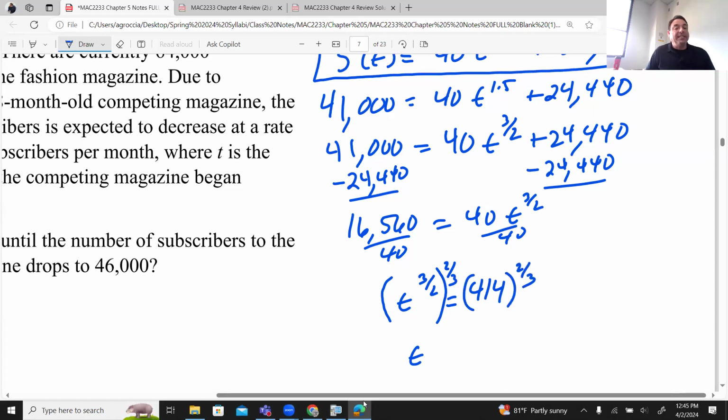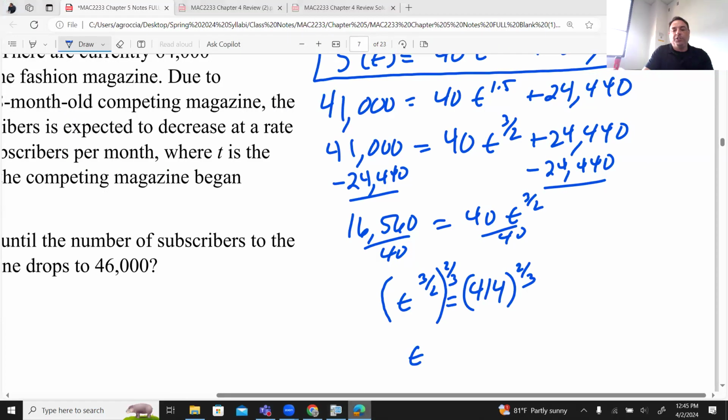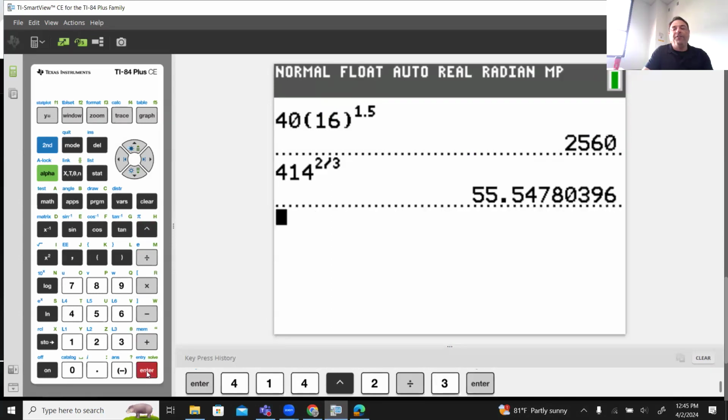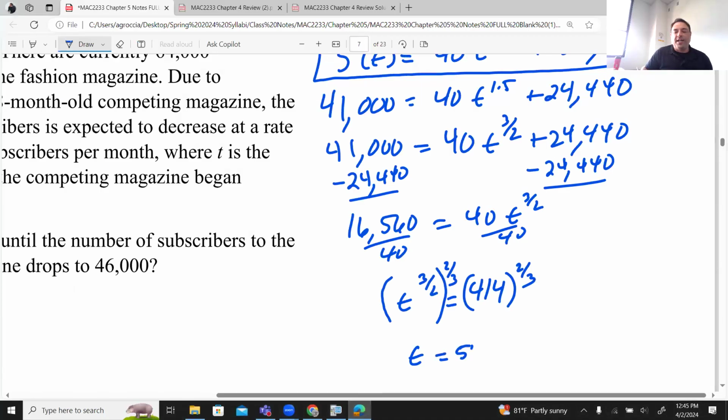Raise it to 2/3, and that's it. Again, you can use log, that's another way to do it. But if you do 414 raised to the 2/3, you will find that you get the answer of 55.55, which we'll just call 56 days.